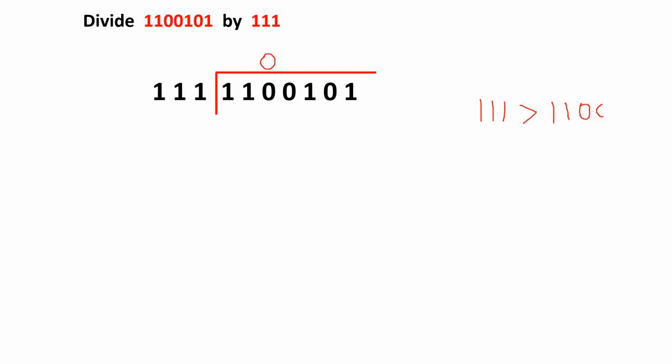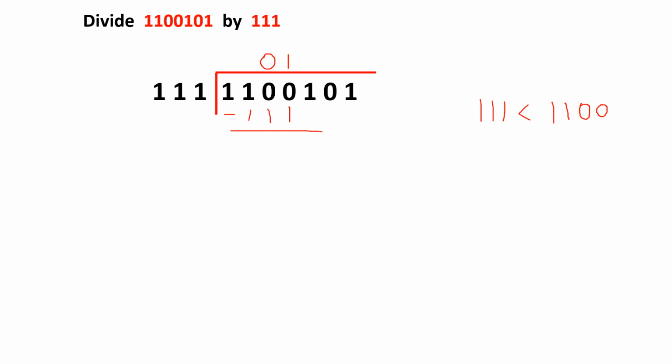So in this case, the divisor becomes less than the dividend. So we can put a 1 in the quotient. So next multiply 1 into 111. So you get 111. Now subtract.